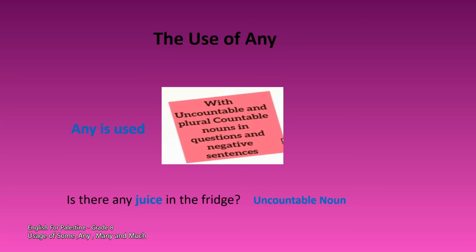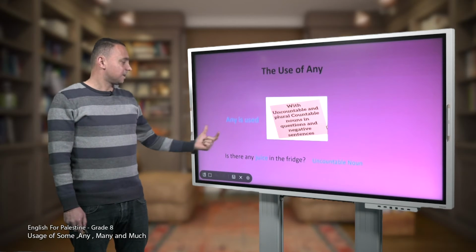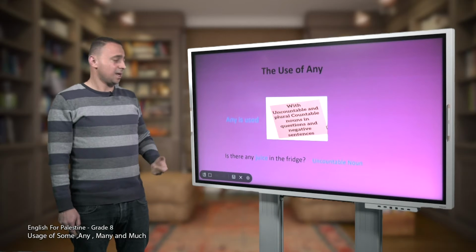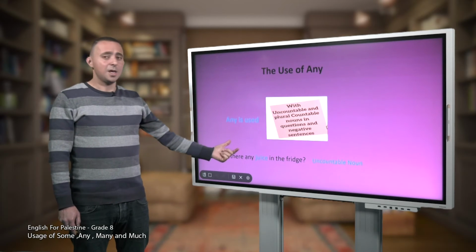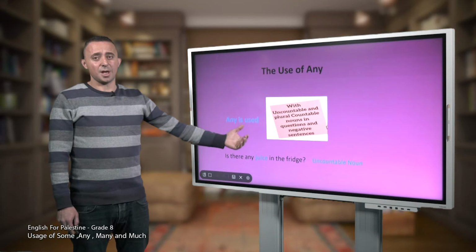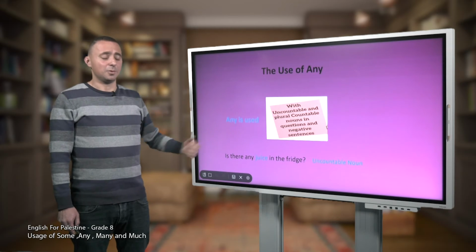Is there any juice in the fridge? Notice the word juice is an uncountable noun, and the sentence here is a question. That's why we use any. We use any, followed by the word juice, which is an uncountable noun.